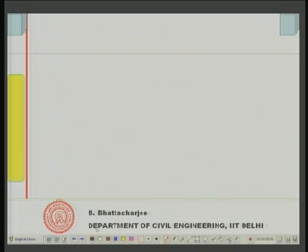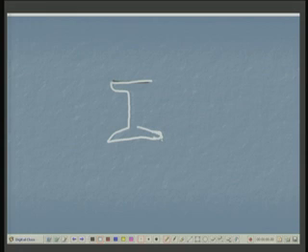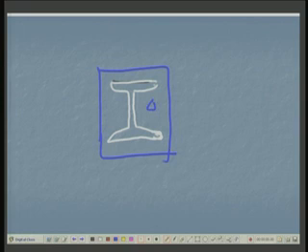I would like to give you an example of this. If this is my steel section, let us say an I section, this is my I section. What we do is make a concrete encasement here, we encase this in concrete, to provide fire protection.